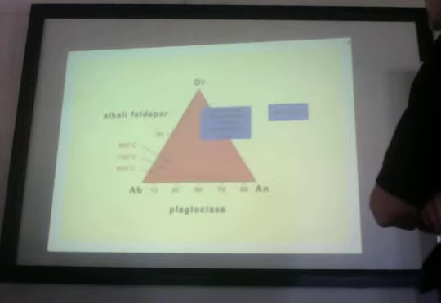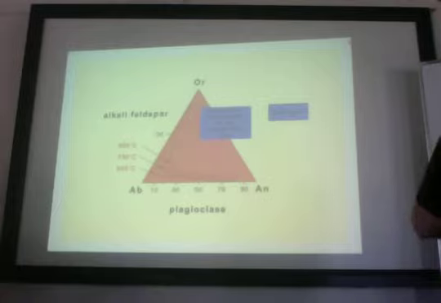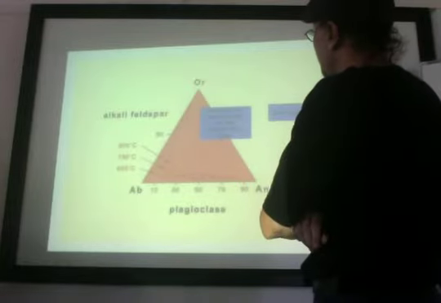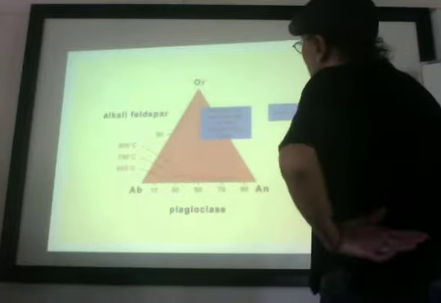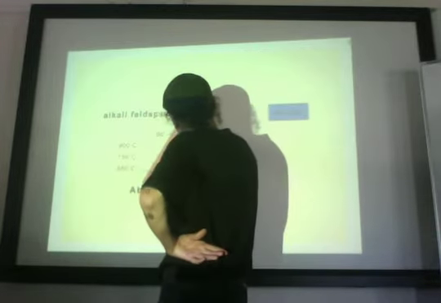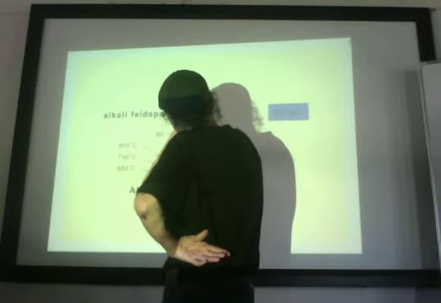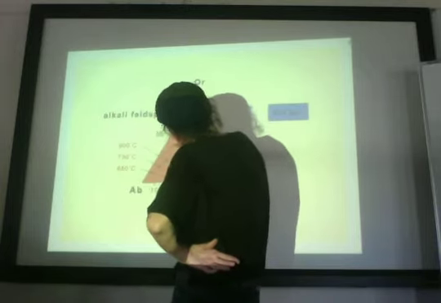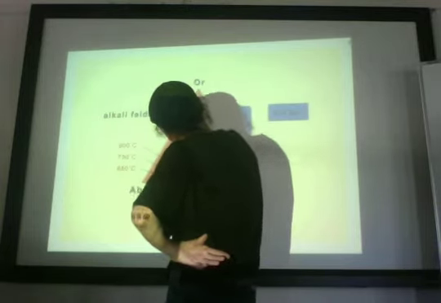So next slide. Here we have the same situation using different curves. At 900 degrees Celsius we can have an alkali feldspar with this composition.